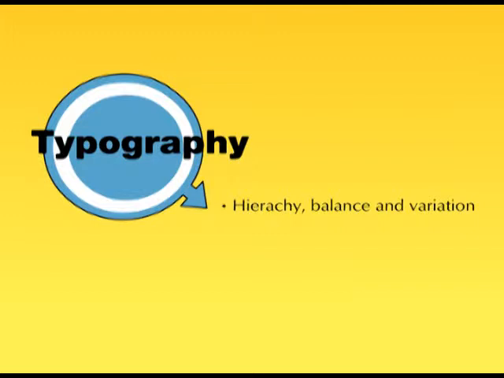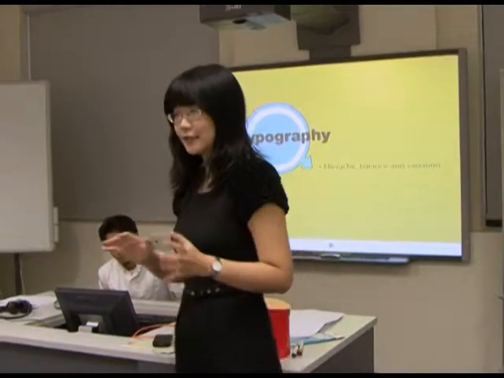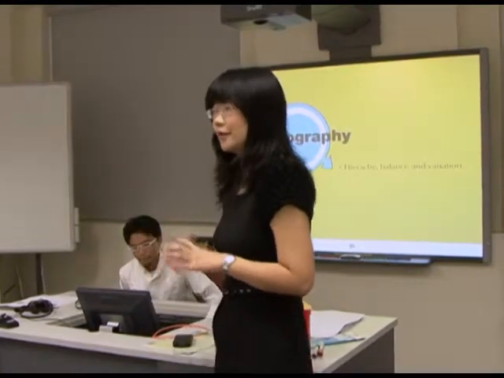Many designers find it very helpful to start by determining the hierarchy, because hierarchy means the most important element in the whole composition. From there, the designers can organize type and other elements around that focal point.